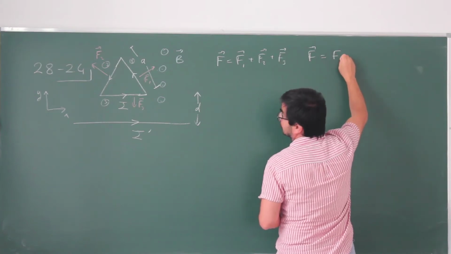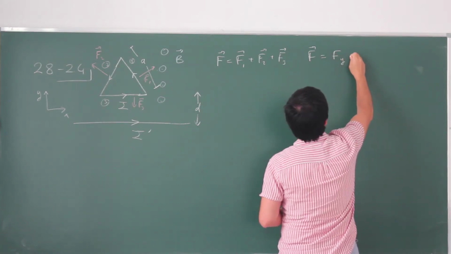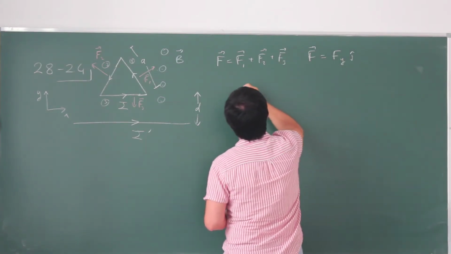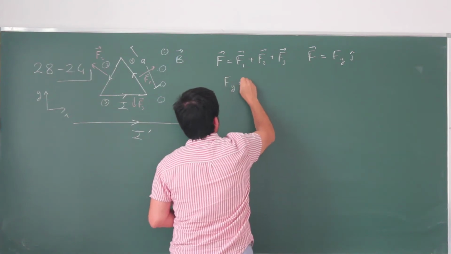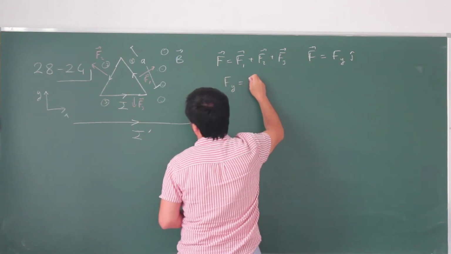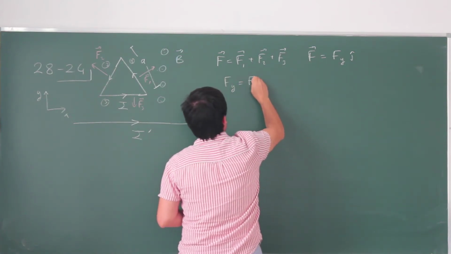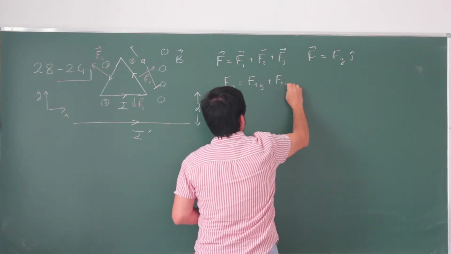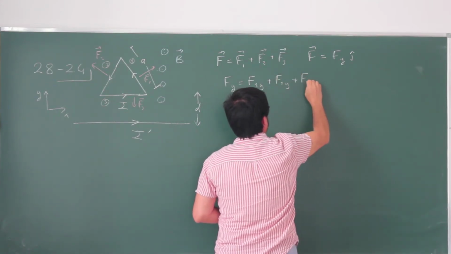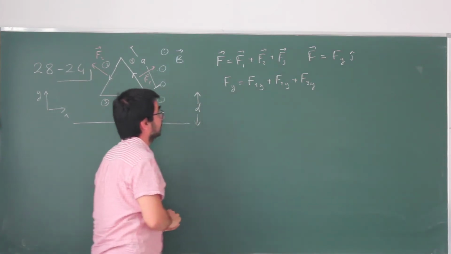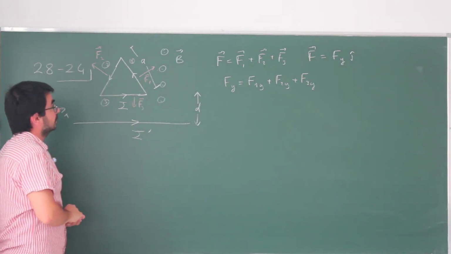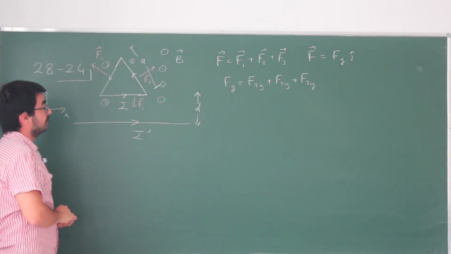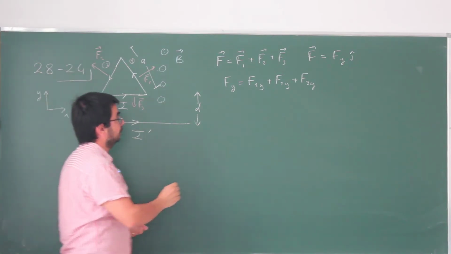So this is going to be Fy times j hat, and that Fy is going to be F1y plus F2y plus F3y. Okay? And that F3y is going to be minus F3.